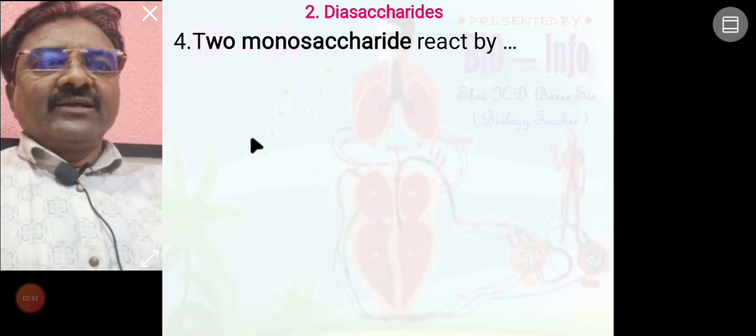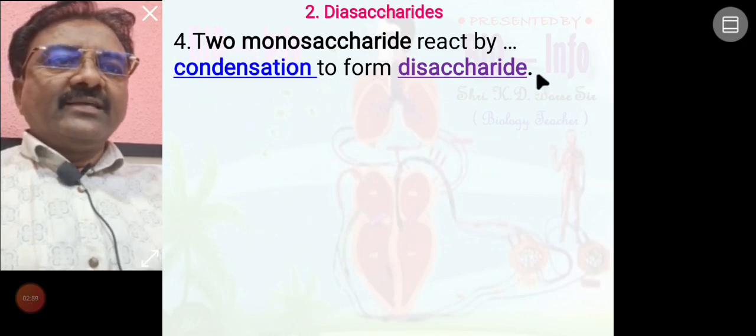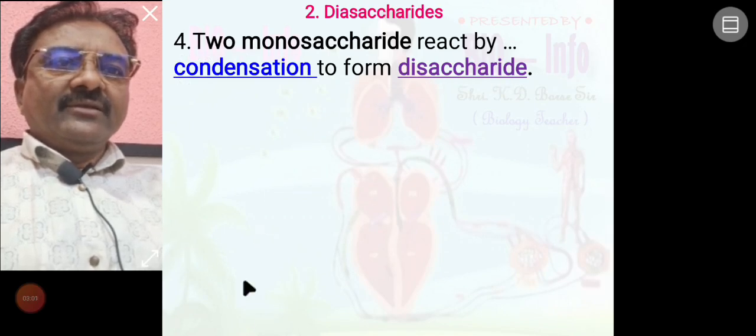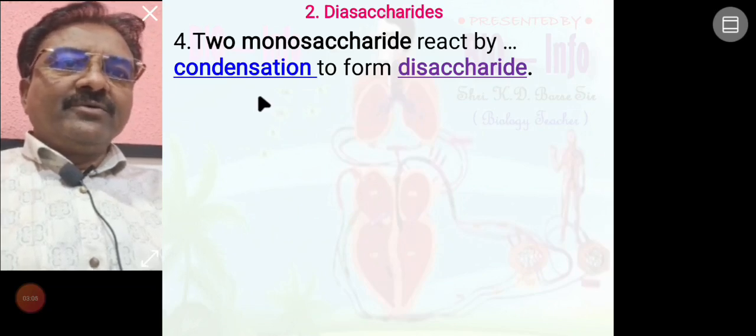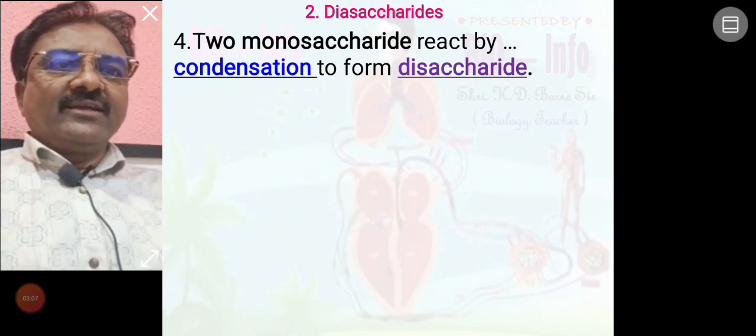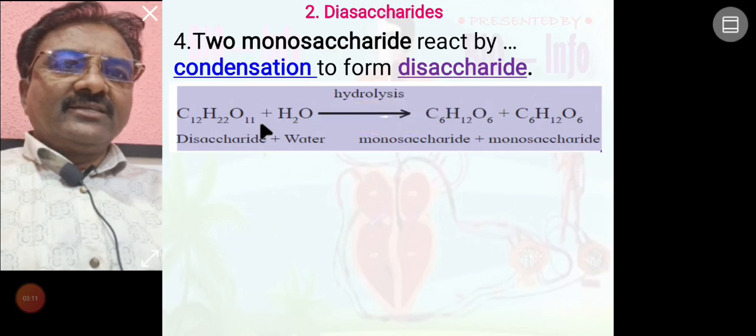Two monosaccharides react by condensation to form a disaccharide. Simply, 2 monosaccharides combine to form a disaccharide by the process of condensation. Here is a diagrammatic representation.